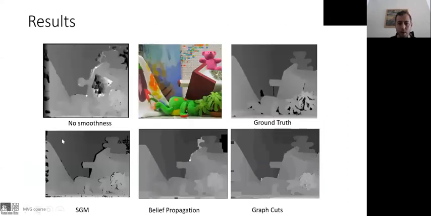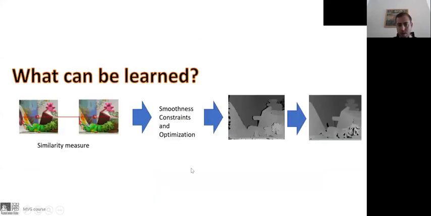Here you can see some results: the input image, ground truth, the solution with no smoothness, the solution of the semi-global block matching that we just discussed, and the solution of the global matching methods of graph cut and belief propagation. That's just a visualization.